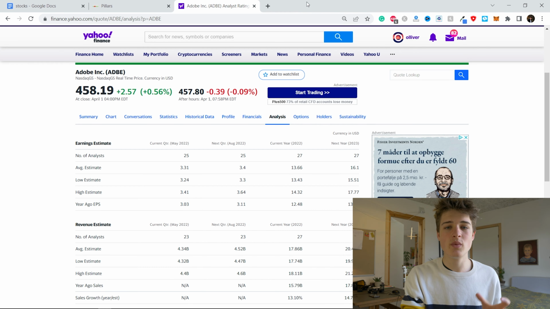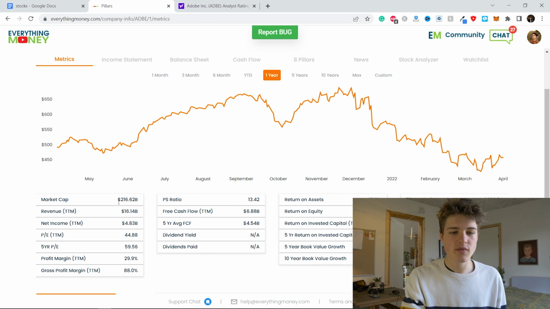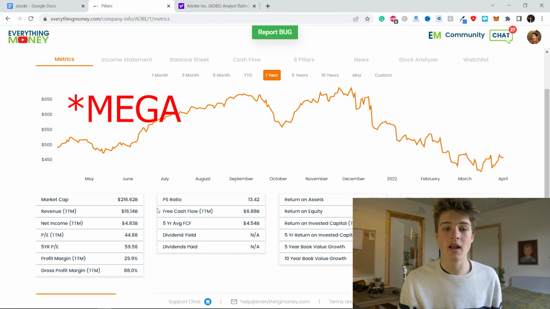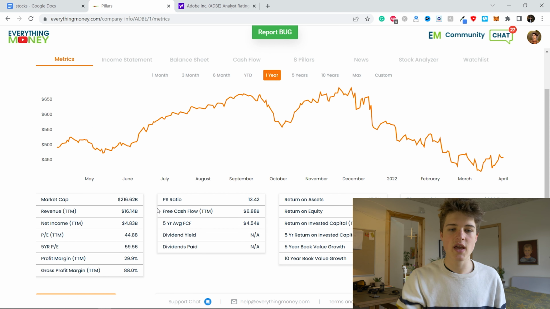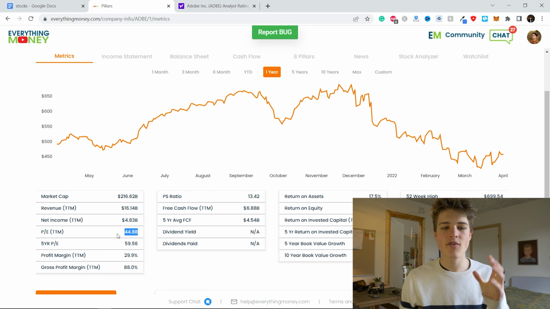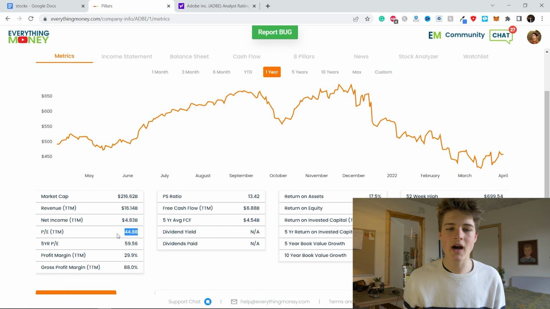What I want to do first of all is look at some metrics here on the Everything Money software. First of all, we have a market cap of $216 billion, so it is a large cap stock, just on the edge, above 200 billion. They have a 44.8 times price to earnings ratio, and that is quite high, especially for a large cap stock.